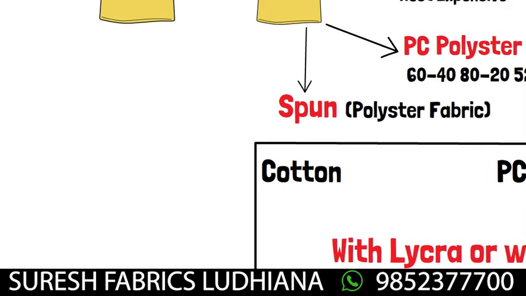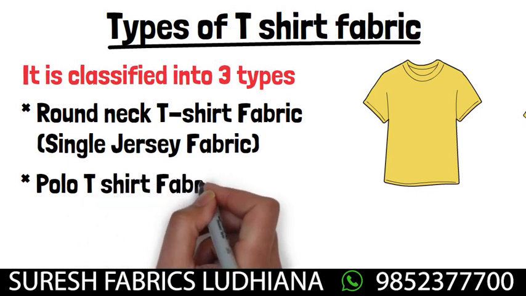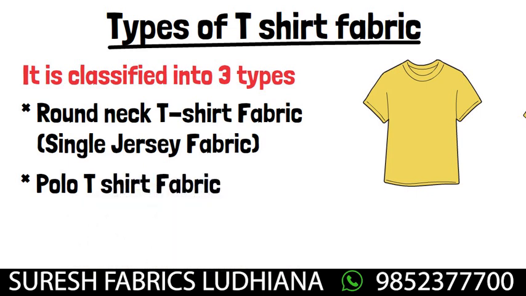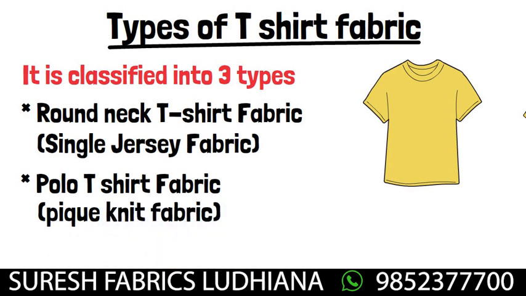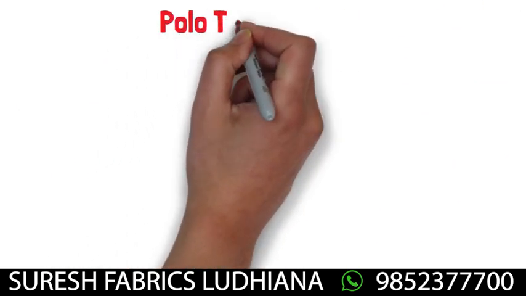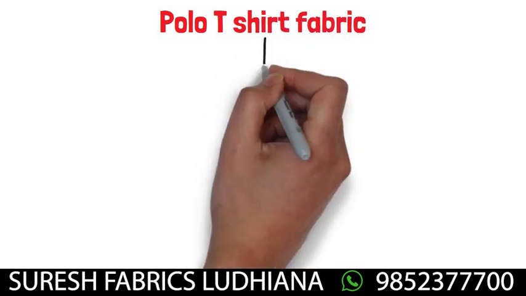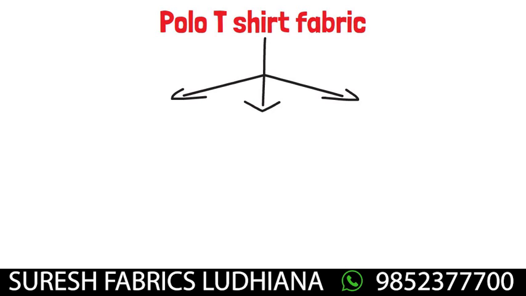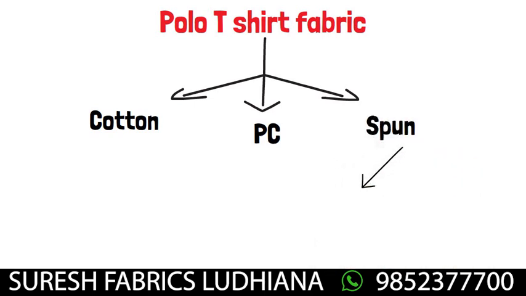The second part of the t-shirt fabrics is the polo t-shirt fabric, which technically is called PQ knit, or pique knit fabric. Again I would be bifurcating it, like a flow chart. You need it in cotton, PC, or spun. Again, the most famous one is PC, obviously because of the price factor.